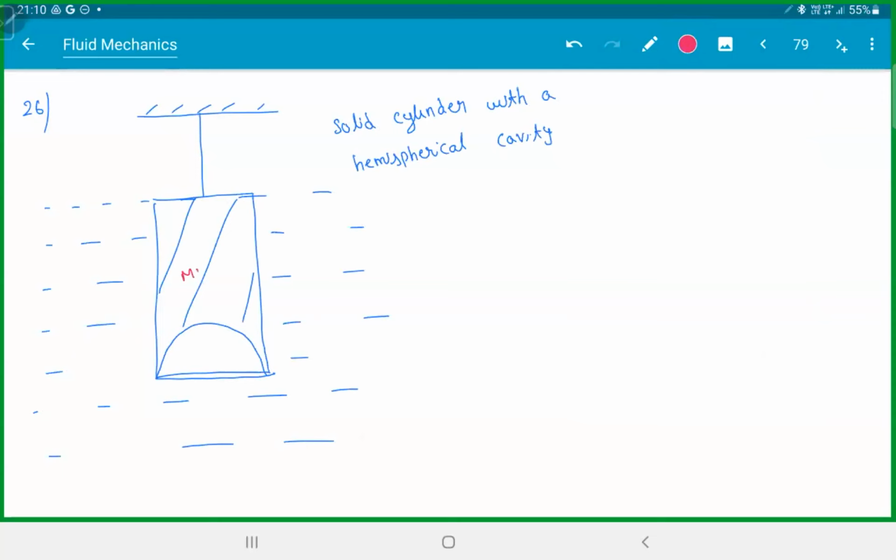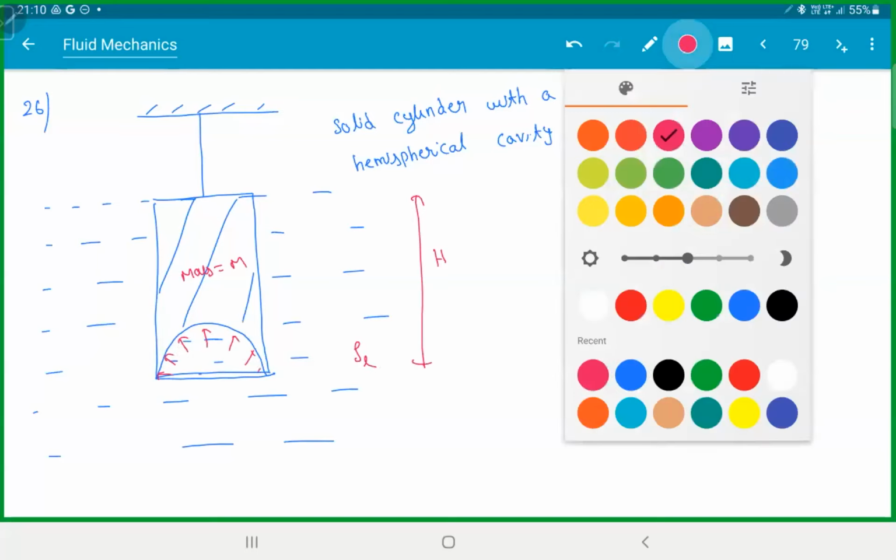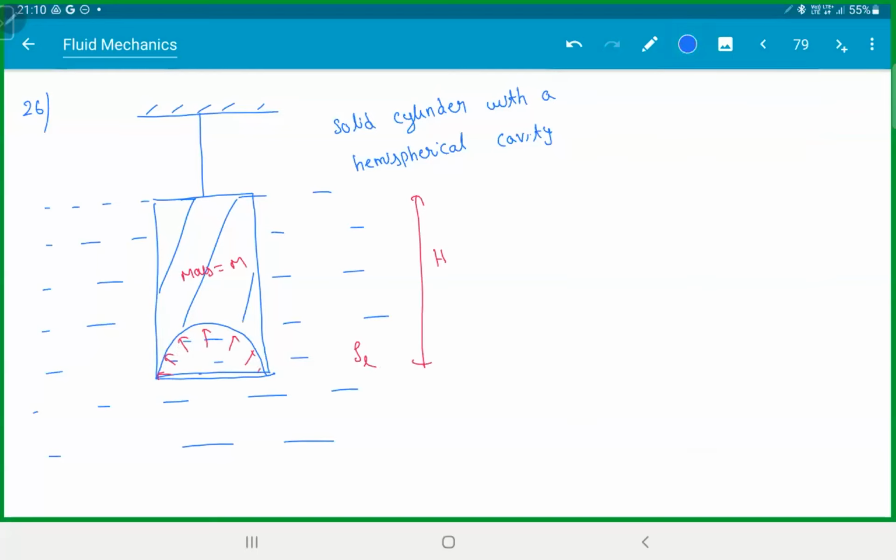Mass of the body is m. The height is h. Density of the liquid is rho L. This cavity inside is also filled with liquid, so the liquid will push inside like this. This radius is r. So the question is, someone removed a hemispherical cavity at the bottom. Find the force due to the liquid on the curved surface of the cavity.